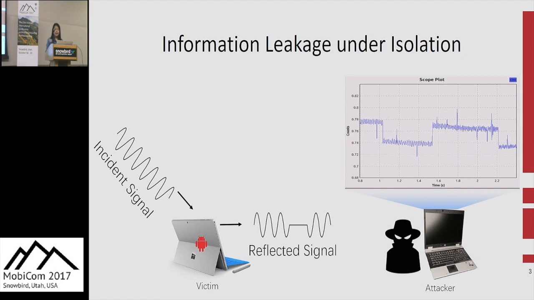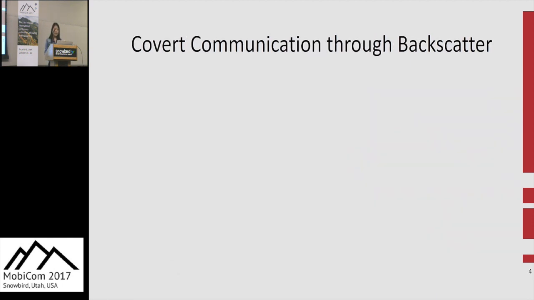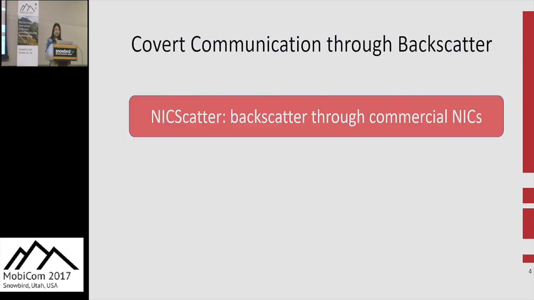The fact is simply that the malware in the victim forces the victim to reflect instant RF signals, just like a passive backscatter tag. In this talk, I will talk about this cover channel. I will first introduce how we enable backscatter communication using commercial mobile devices.